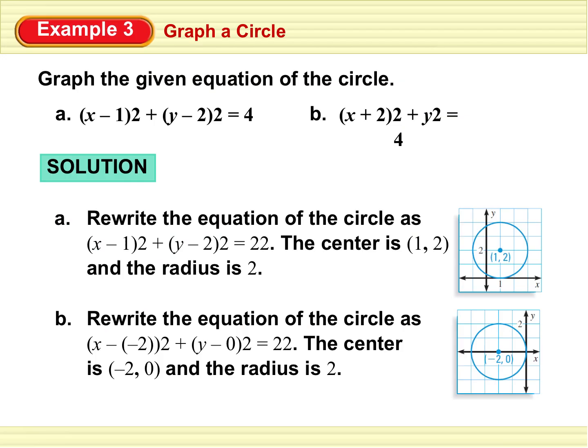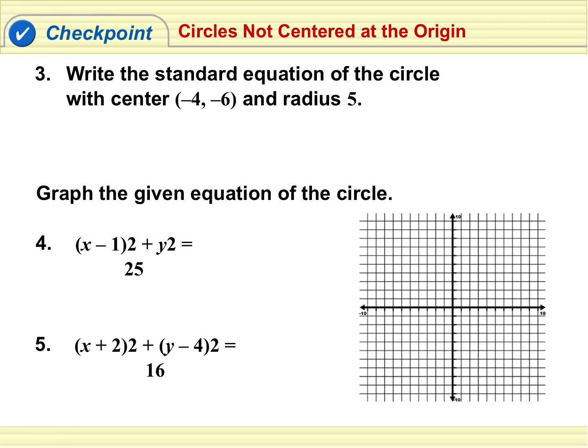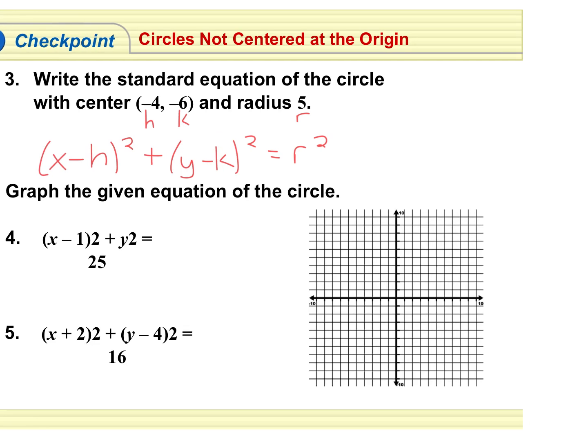Go ahead and try number 3 on this one. This time it doesn't give you the circle, but it gives you all the information. Remember, the center is your h and k, and your radius is r. Go plug all those in. Our equation is x minus h squared plus y minus k squared equals r squared. Do we have everything we need to write the equation?